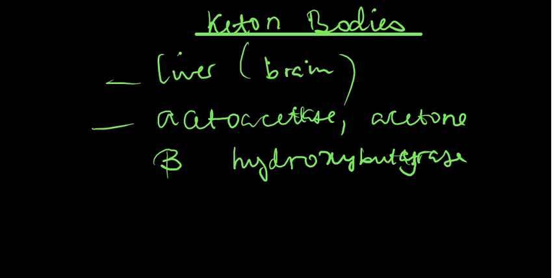So these are the three components of the ketone bodies. However, acetone is volatile, meaning it can easily evaporate, and because of that, when ketone bodies are formed, you can detect the acetone in the breath. When someone breathes out, you're able to detect acetone.